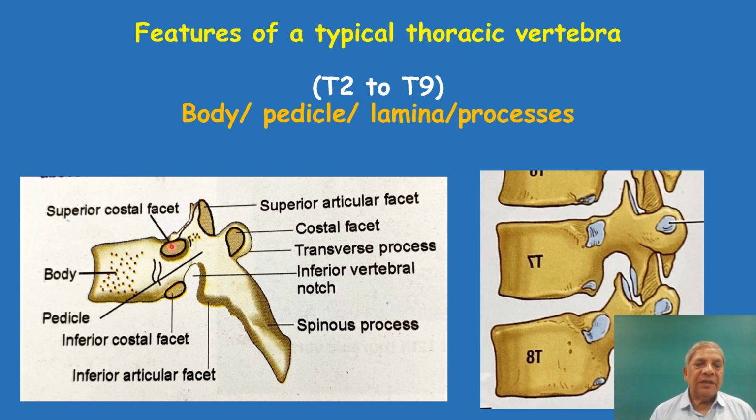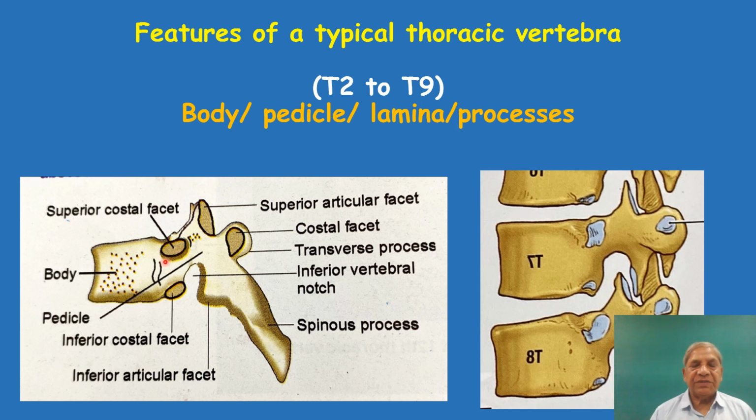The upper is the upper demifacet and lower is the lower demifacet. They are also called as costal facet, superior and inferior costal facet, because they also articulate with the head of the rib. Remember that on the transverse process the costal facet was articulating with the tubercle of the rib, but here it is articulating with the head of the rib.